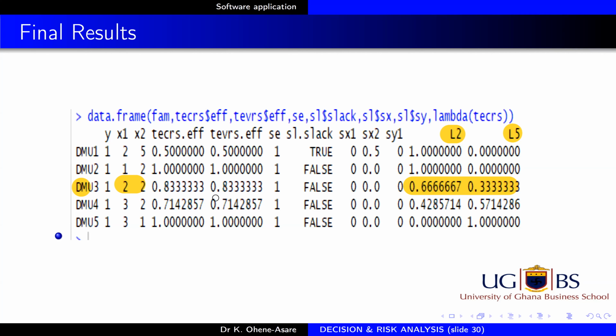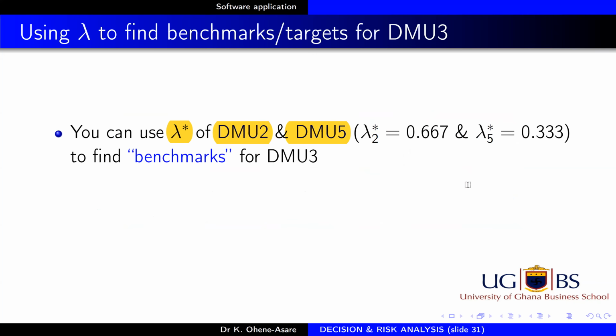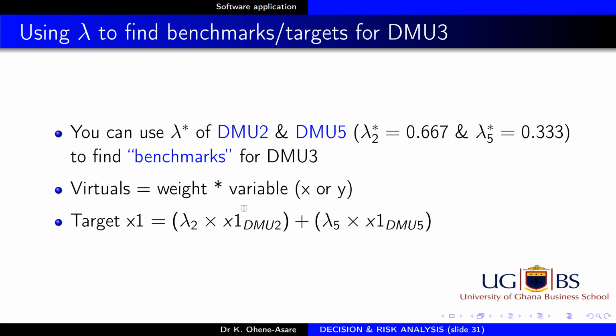And we are going to use these lambdas to help us know the reduction capacity. I developed a small formula that you can use. How do you do that? Well, first you need the lambdas: the lambda 2 for DMU3, and the lambda 5 for DMU3. You need those 2 lambdas.